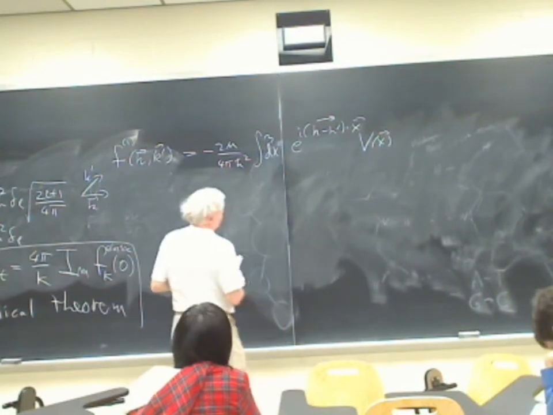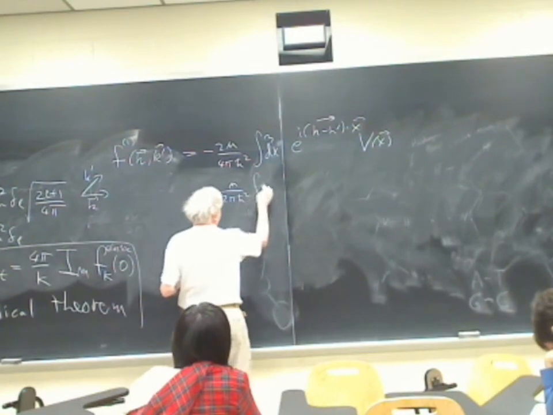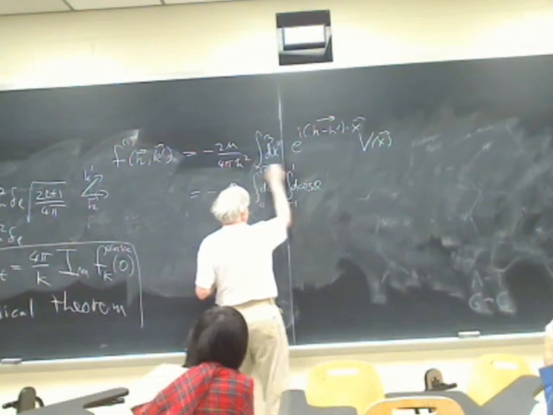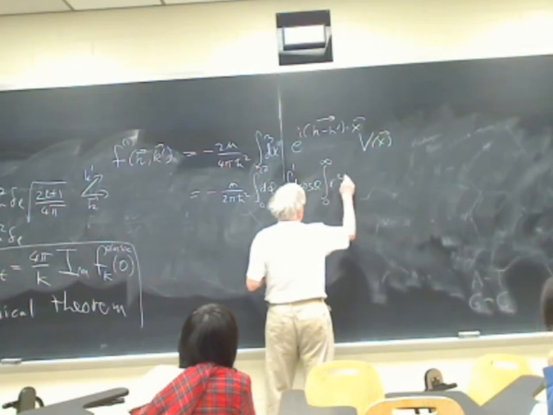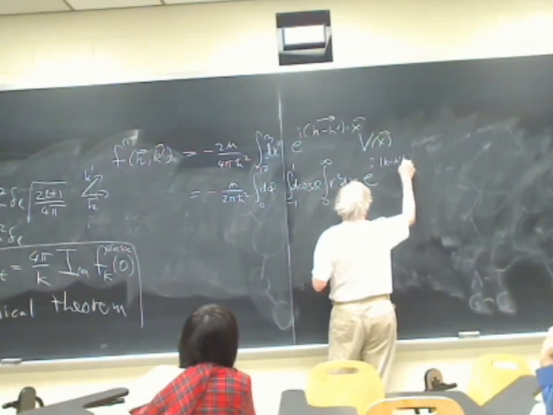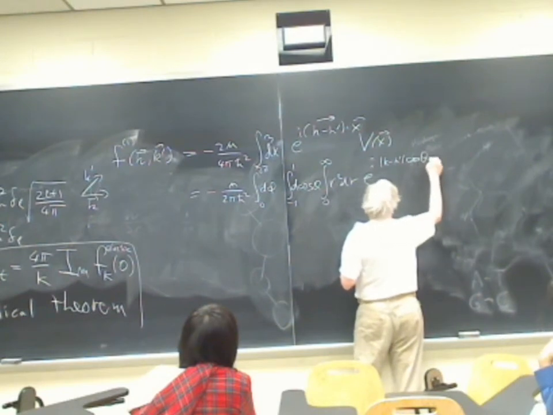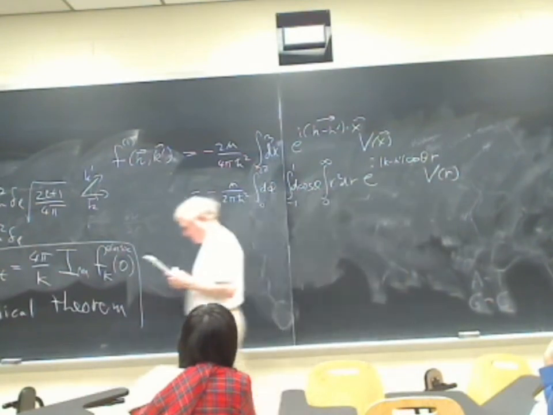And in that case, you can write this as minus mu over 2 pi h bar squared integral d phi, integral d cosine theta from minus 1 to 1, integral 0 to infinity r squared dr, e to the i (k minus k prime) cosine theta r, and let's assume that this is a spherically symmetric potential, so we have V of r there.